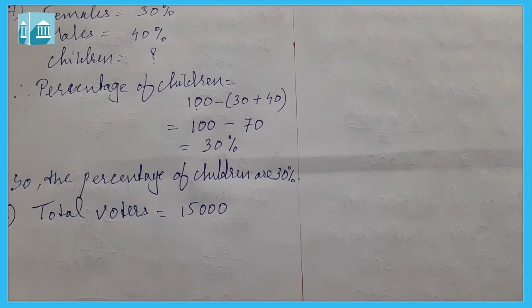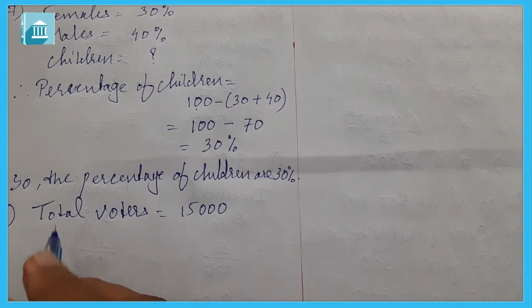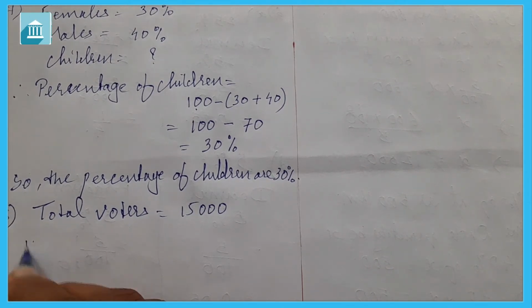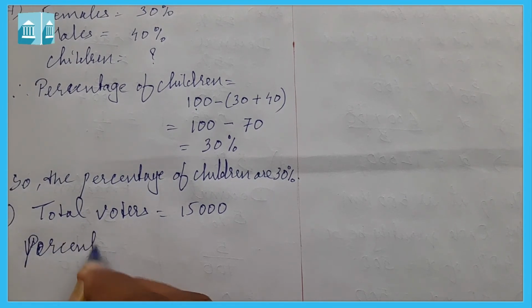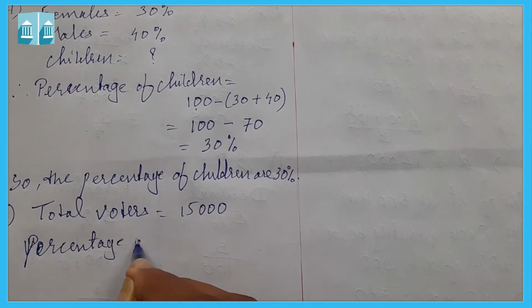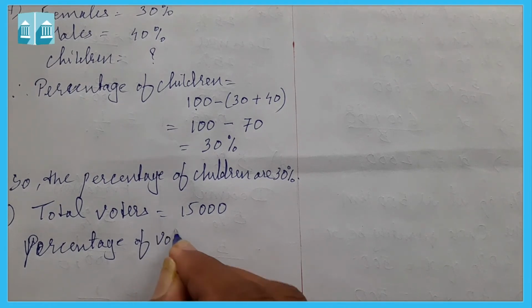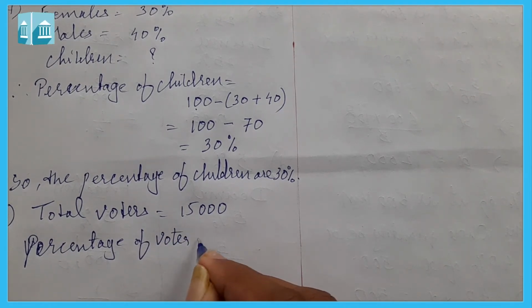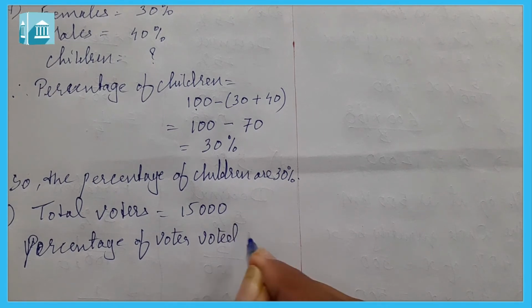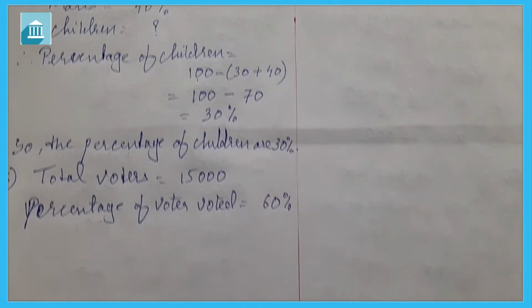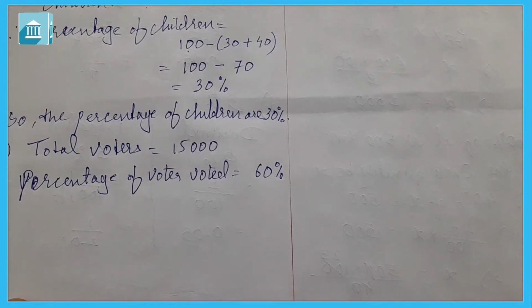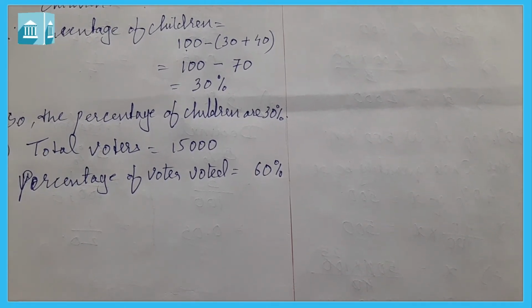Now percentage of voters voted is equal to 60%. It is given here. Now we have to find the percentage of voters who did not vote.